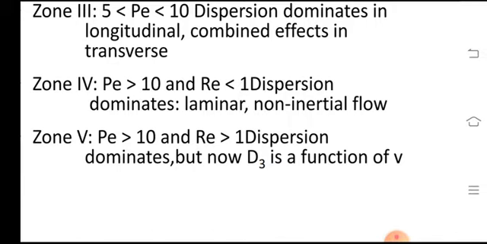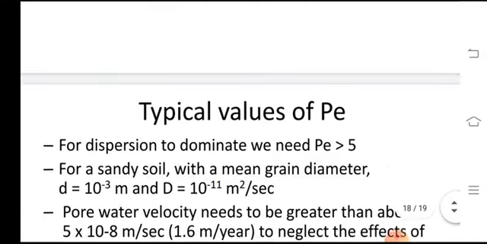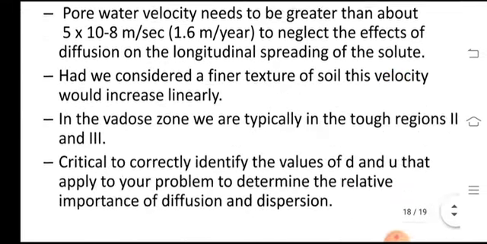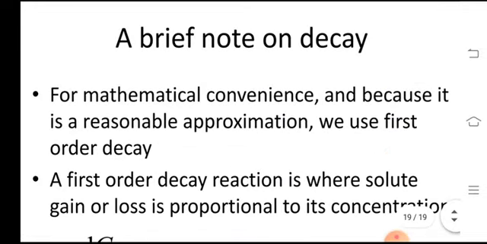Keeping the flow simple and steady makes the calculations and mathematical expressions much easier to develop. That's why it is preferred to consider a steady flow rather than a turbulent flow. These are the typical values; I think you can go through them by yourself.